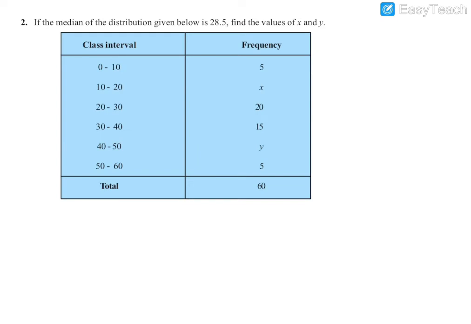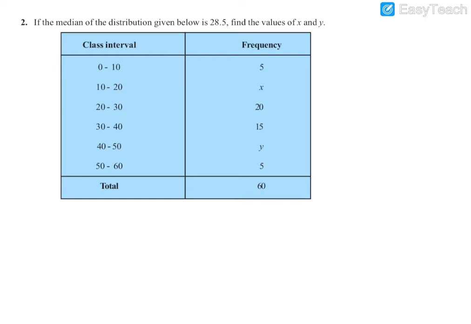Now let's solve some different type of questions by applying the formula of median. Question number 2, if the median of the distribution given below is 28.5, then find values of x and y. To find the value of x and y in this question, we proceed in the same manner, that is, we use the formula to find out median.